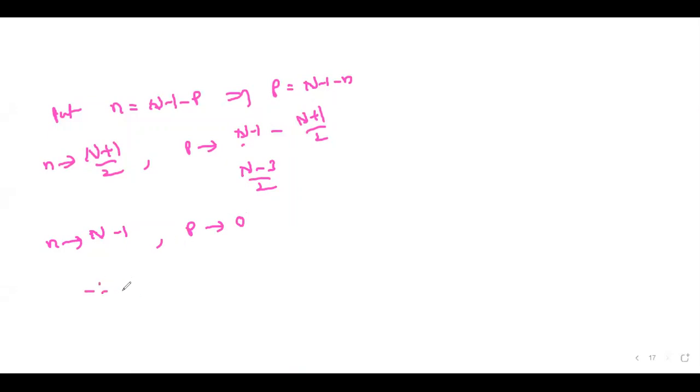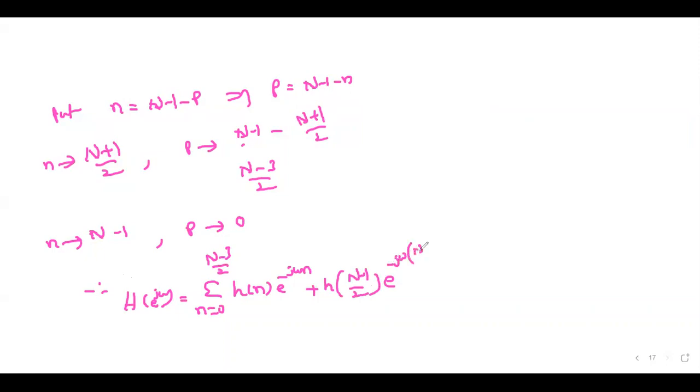Therefore, now the total H of e power j omega can be written as summation n is equal to 0 to (N minus 3) by 2 of h of n into e power minus j omega n, plus h of (N minus 1) by 2 into e power minus j omega of (N minus 1) by 2, plus the last summation, limits changed now: p is equal to, sorry, this is limit (N minus 3) by 2 to 0, and here h of n is equal to h of N minus 1 minus p, and e power minus j omega of N minus 1 minus p.